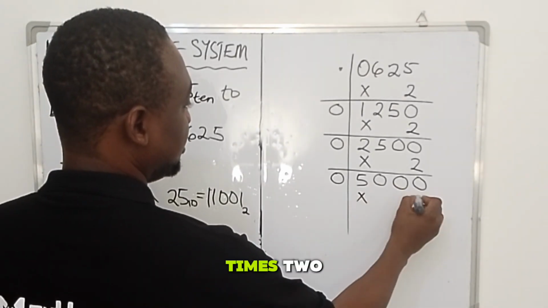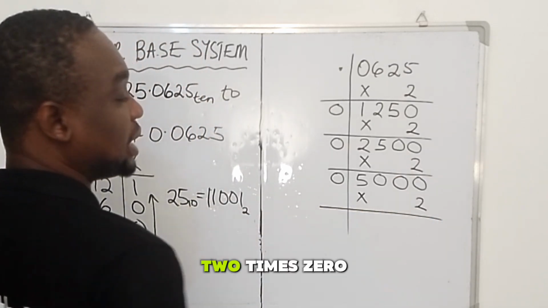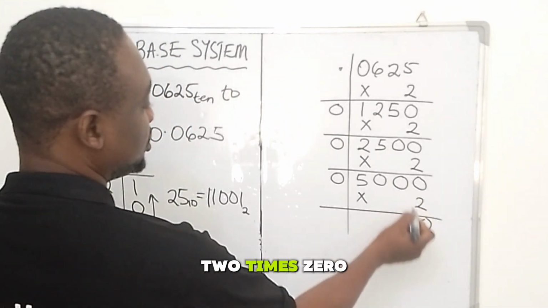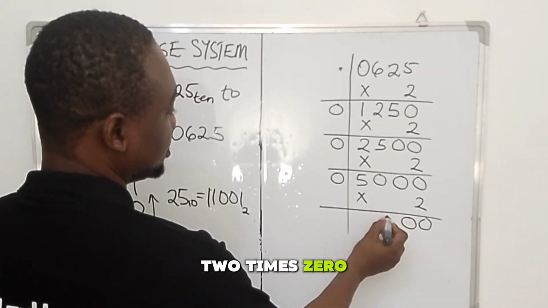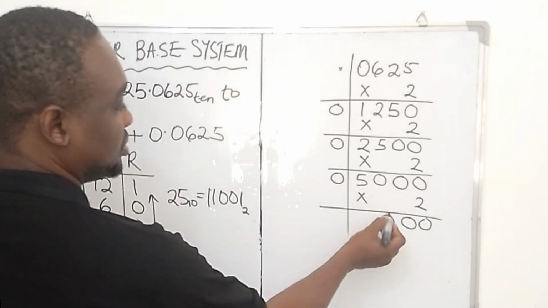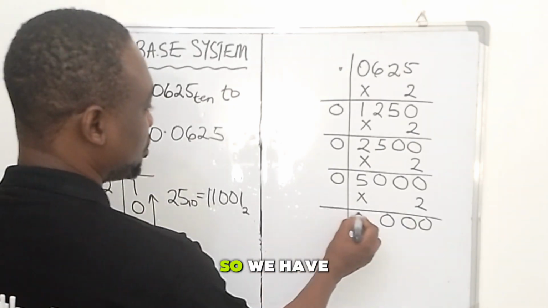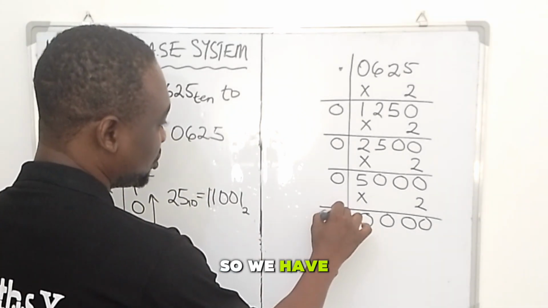Again, times 2. 2 times 0 is a 0. 2 times 0 is another 0. 2 times 0 is a 0. 2 times 5 is a 10. So we have a 0 here, and there's a leftover this time around. So we have what? 1.